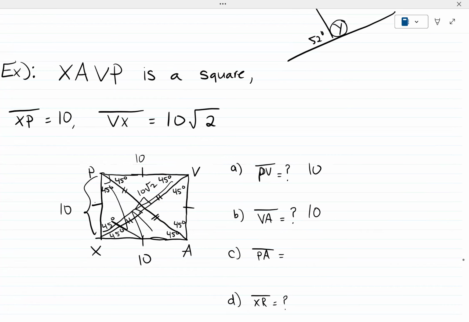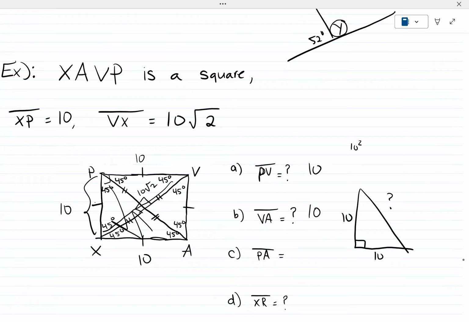So if you draw the triangle, this is 10, this is a 90, this is 10. We have to find this length, which is PA. Because it's a right triangle, you can definitely use the Pythagorean theorem.